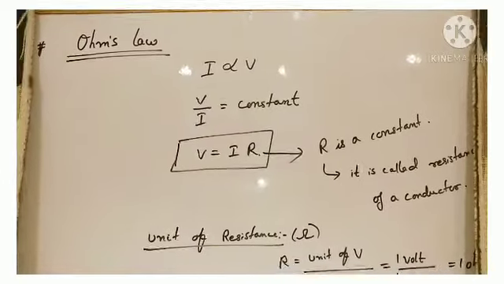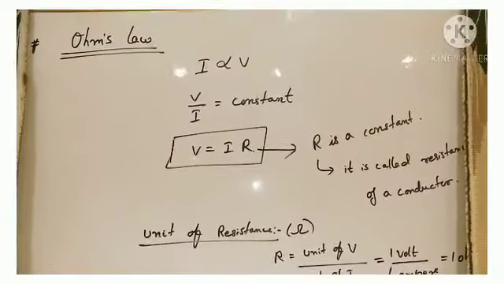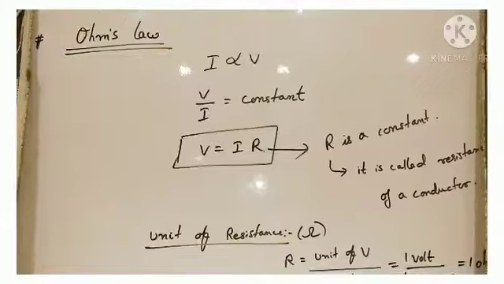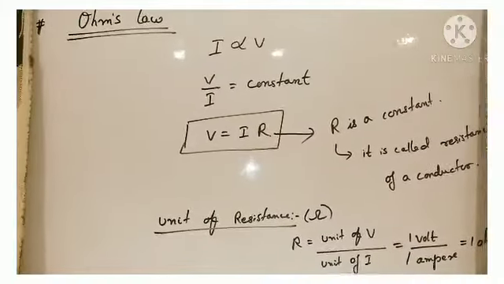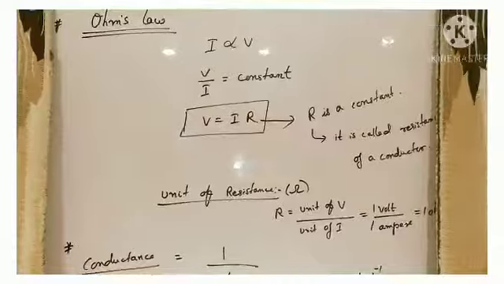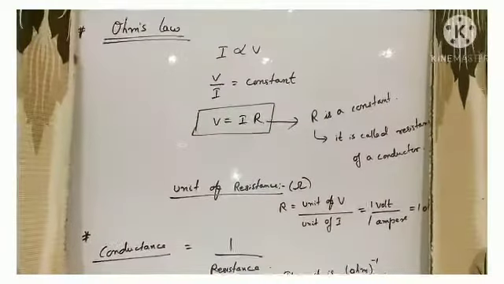A German scientist, Georg Simon Ohm, found by his experiment a relationship between potential difference and current in a conductor. This relationship is stated in the form of a law known as Ohm's law.